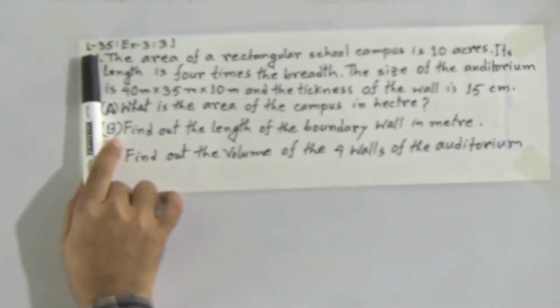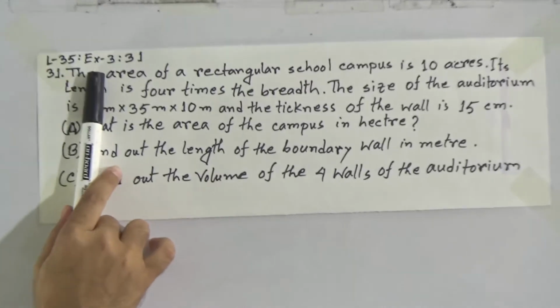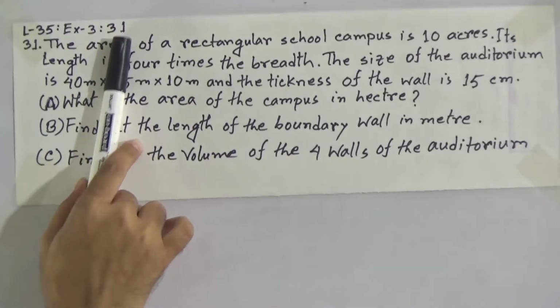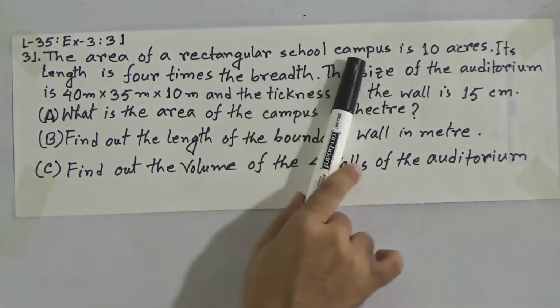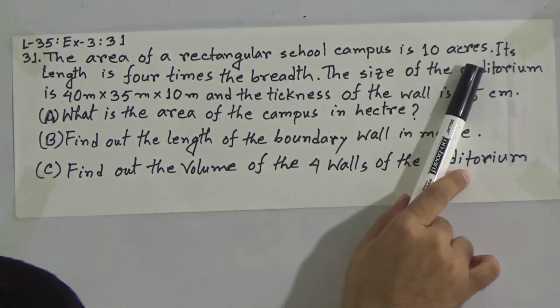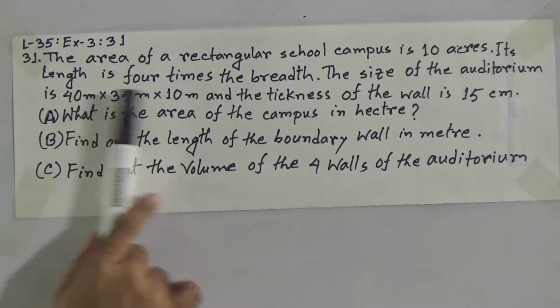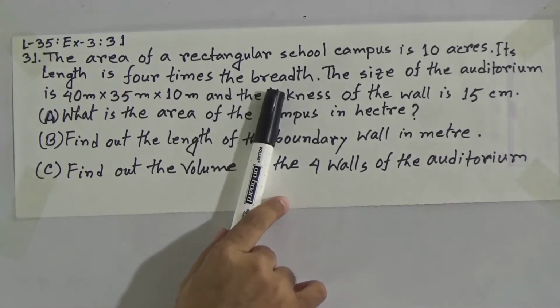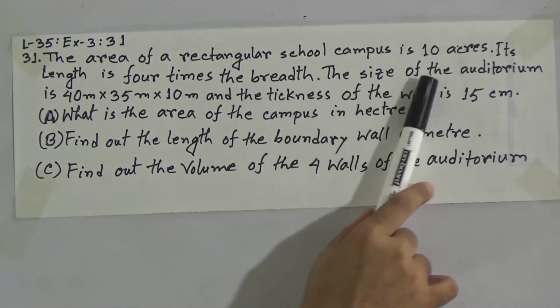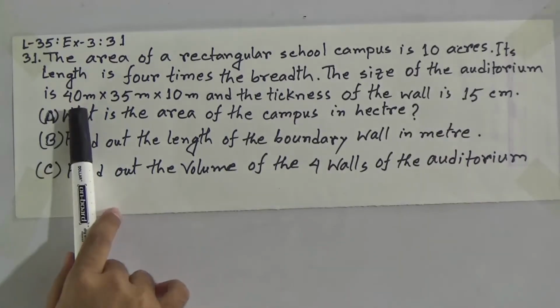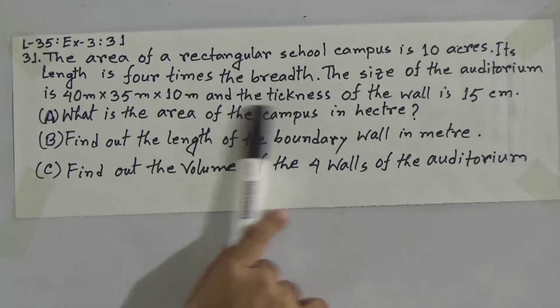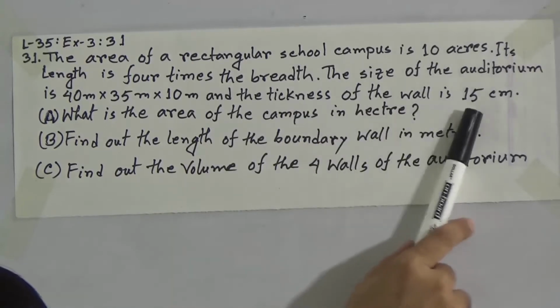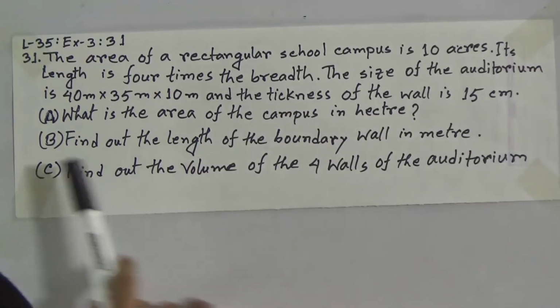Lecture 35, exercise 3, question 31. The area of a rectangular school campus is 10 acres. Its length is 4 times the breadth. The size of the auditorium is 40 meter into 35 meter into 10 meter and the thickness of the wall is 15 centimeter.